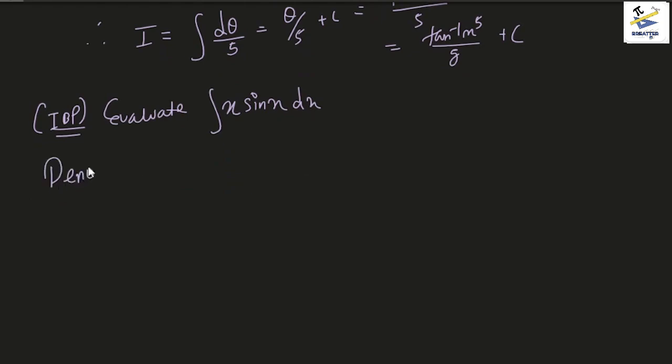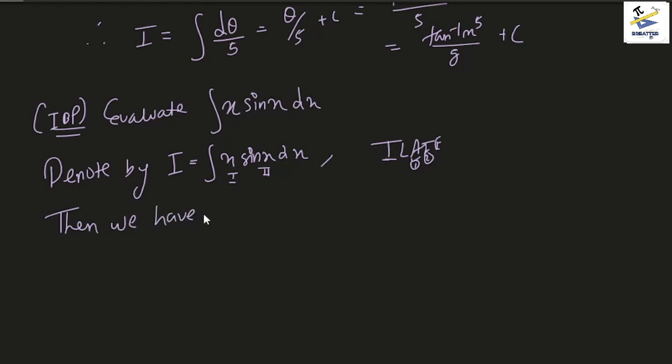So denote by I the integral, and whenever we see functions which are a product of two different kinds of functions, we try to remember our ILATE rule, where we know which one to take as first function and which one as second function. In ILATE, the algebraic function comes first after the trigonometric function. So the algebraic function should be function 1, and the trigonometric one should be function 2, right?